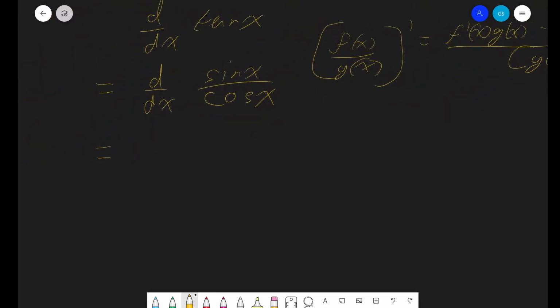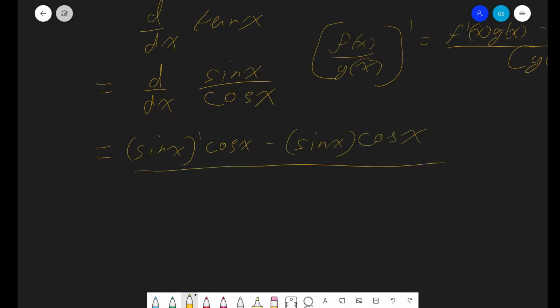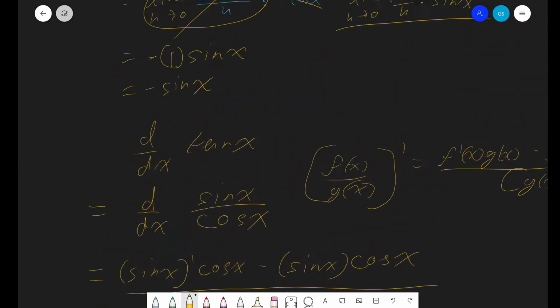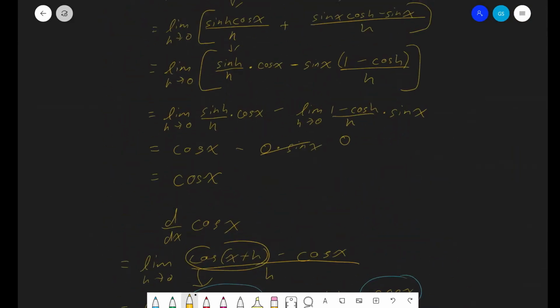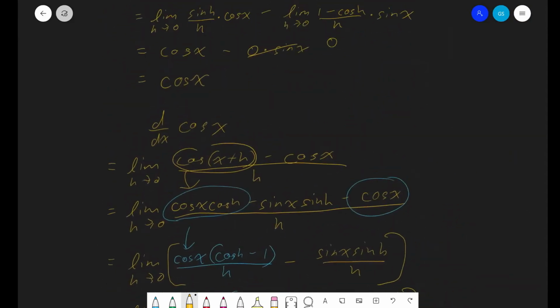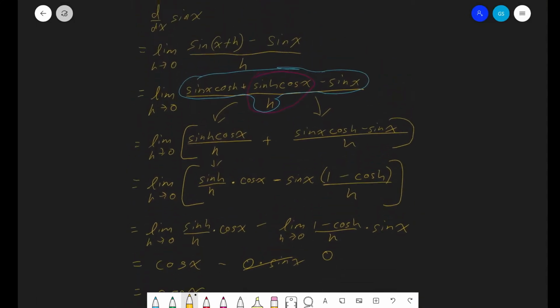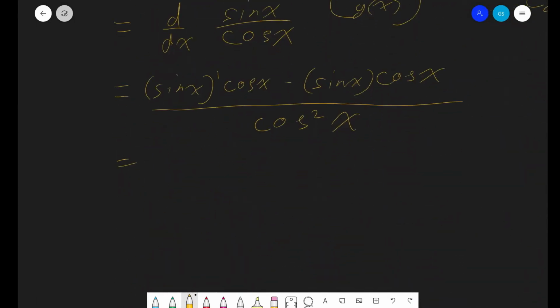So knowing that, we can take the derivative of sine x, multiply it, so that looks like a 1, multiplied by cos x, subtract sine x, taking the derivative of cos x, all over cos squared x, right? Now the derivative of sine x, what was it? Well, we can just scroll up and look here. Well, oops. The derivative of sine x was just cos x. So we plug that in.